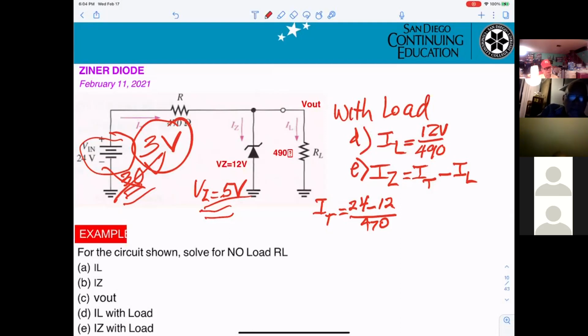The thing is, on the diode, you get 3 volts on this side, 5 volts, okay, ground on this side. The diode will be open. When it's open, that means the current will go this way.